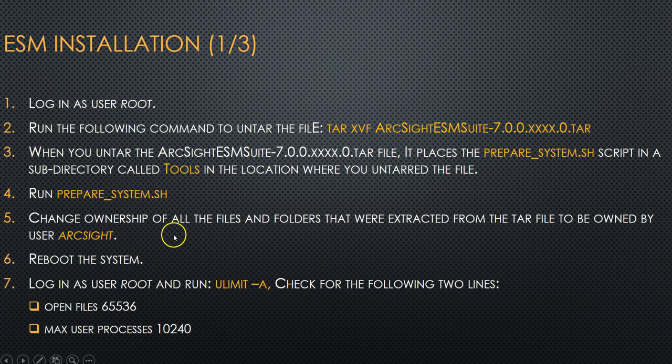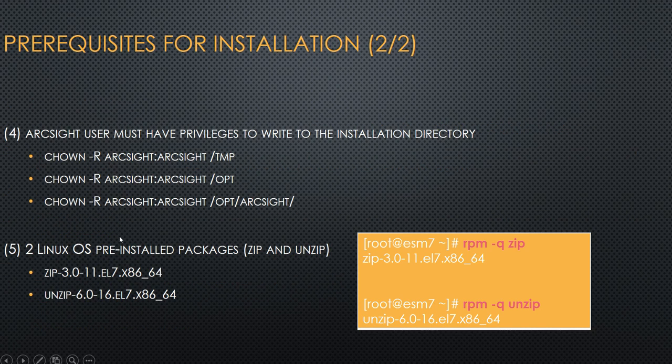Then we need to change the ownership of the files and folders that were extracted from the tar file to be owned by user ArcSight. It's similar to the step we did before, but we did this for /opt/arcsight, the installation directory, and the /tmp directory.